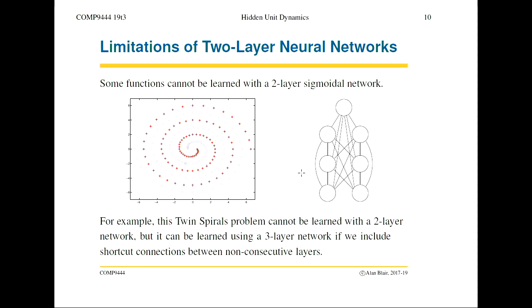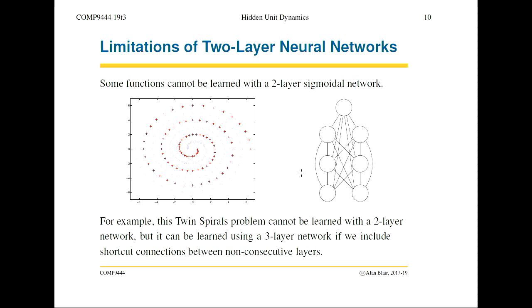The red pluses are the positive examples, and the blue circles are the negative examples, and you're trying to train your system in such a way that it will output 1 for the pluses and 0 for the O's.